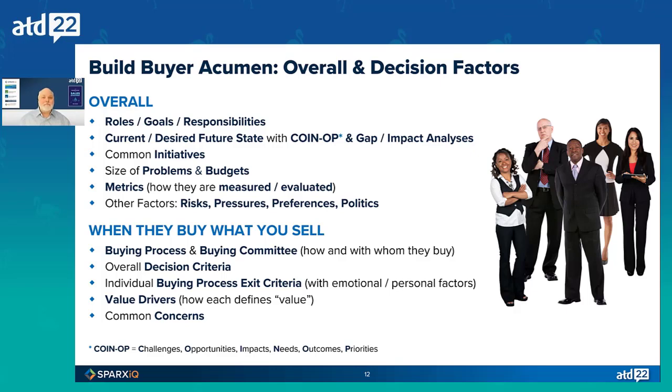And then you can move into what are the overall and decision factors for when these personas buy what you sell. This now starts to move into their buying process, or buyer's journey, as is sometimes called, and the buying committee, who they go on this journey with, who in their organization is on the buying committee, the other influencers and decision makers, their overall decision criteria for a purchase, but then the individual buying process exit criteria, including emotional and personal factors.